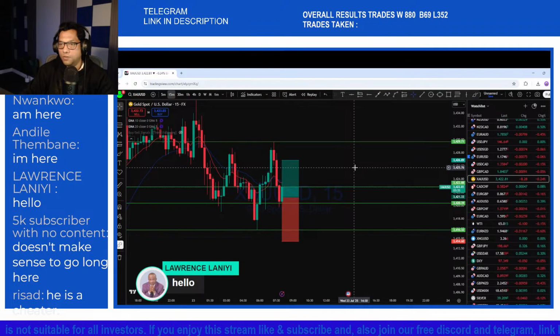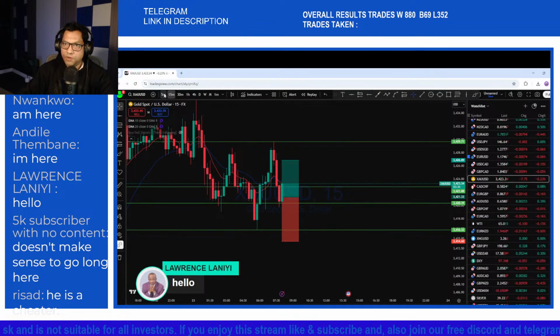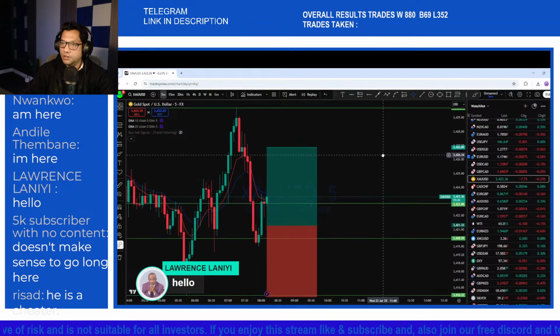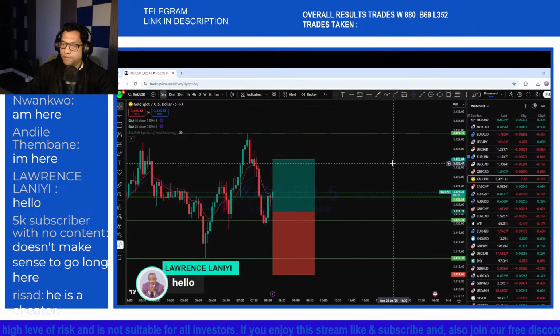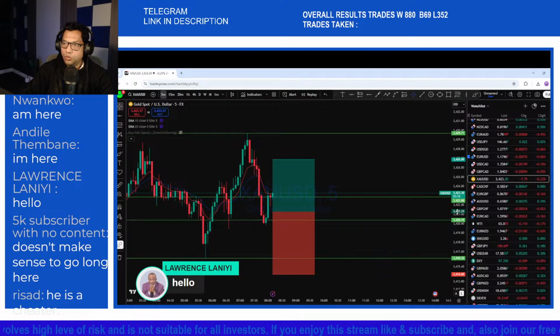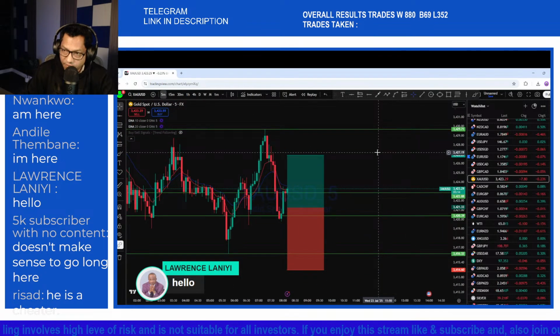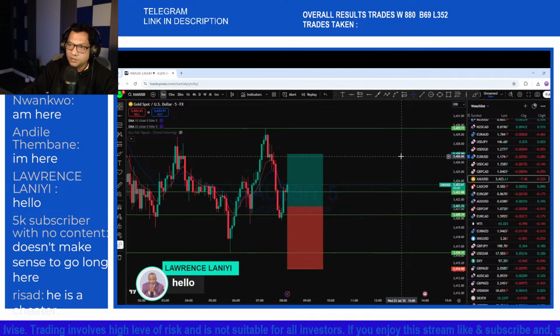I would like to see one more bounce back to the upside, which is the price is trying to build up that pressure. We see that momentum to the upside on the lower time frame. Okay, so building that pressure.